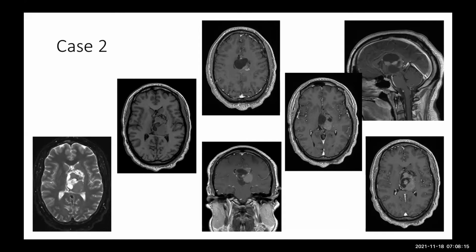Series of MRI scans demonstrating what looks like a primarily intraventricular mass, homogeneously enhancing. It looks like it's in the third. You think it's in the third ventricle?